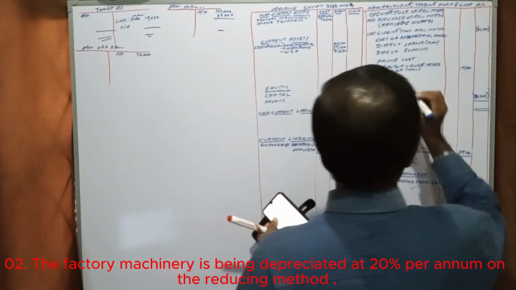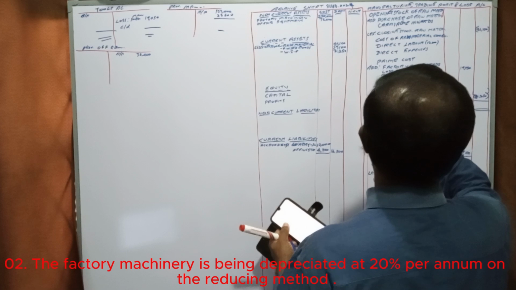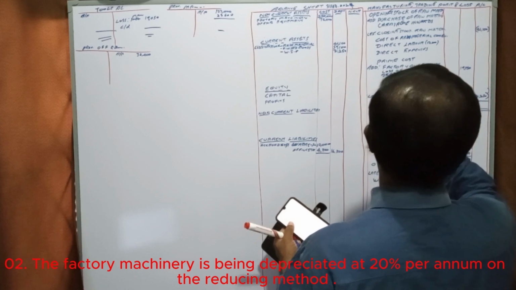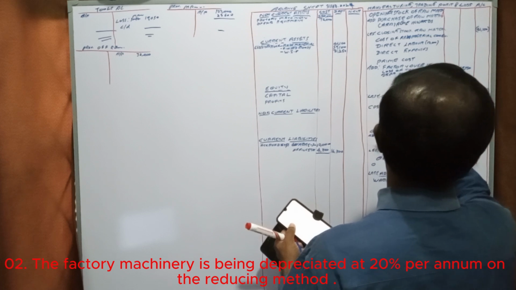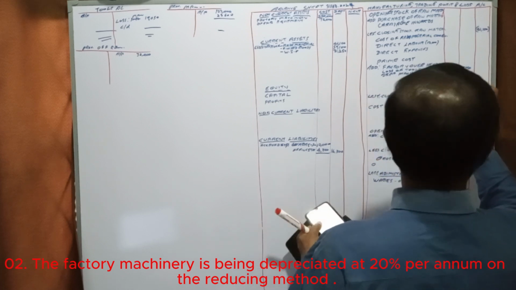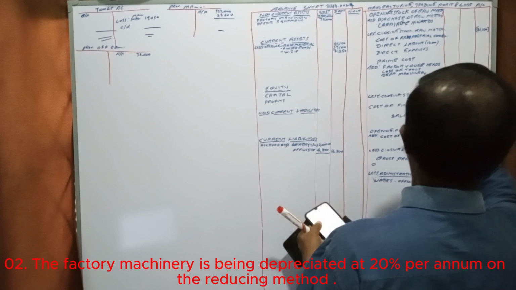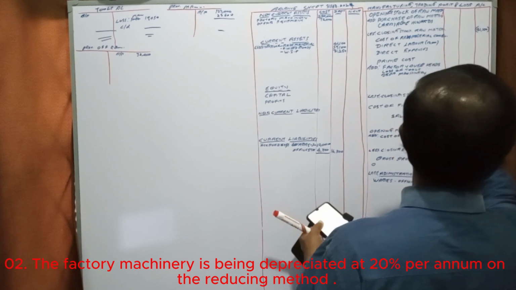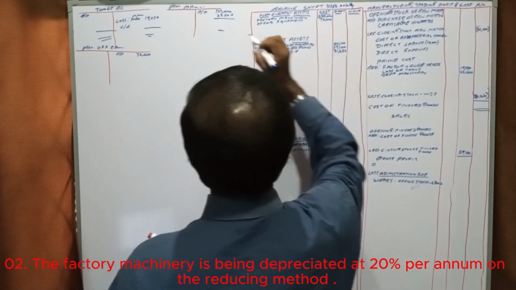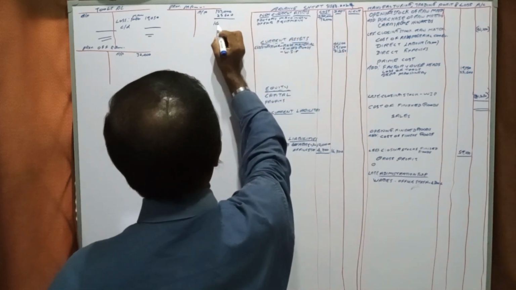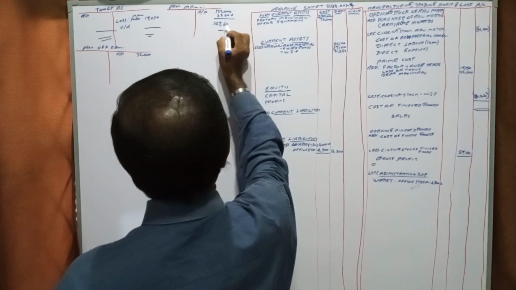Here we will say depreciation, machinery, 25,600. Here you will say 147,600.